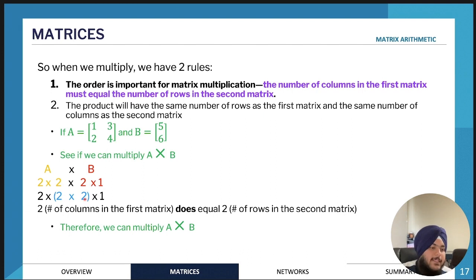In this case, they're both the same, and since they're both the same, we can perform this matrix multiplication. That's the way that you need to verify if the matrix multiplication can be performed or not before actually doing anything else. Okay, so that was the first rule essentially.